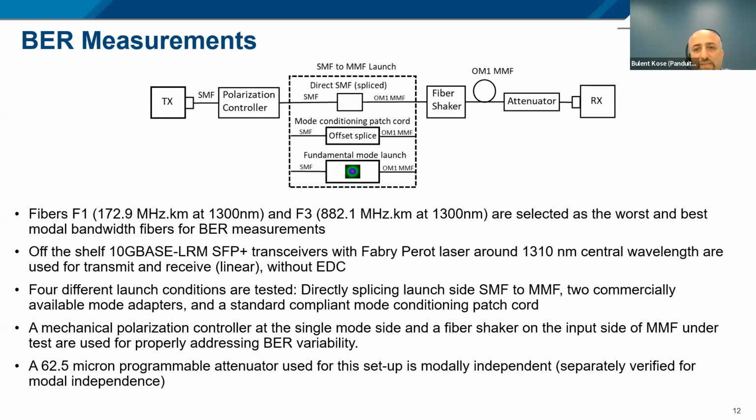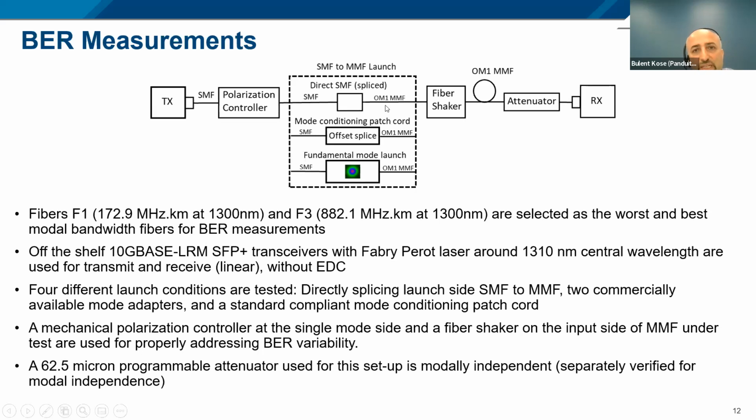These are Fabry-Perot based, around 1310 nanometer wavelength. And of course, this is LRM, so the receiver is a linear receiver. I'm not using EDC in my setup because these SFP+ transceivers don't have the EDC. EDC is supposed to be in the host system.